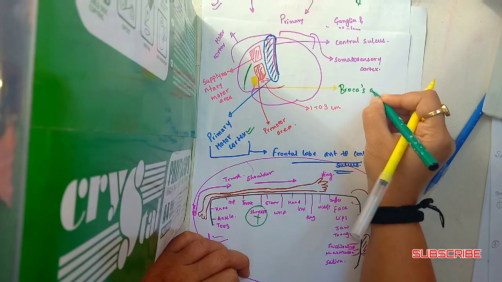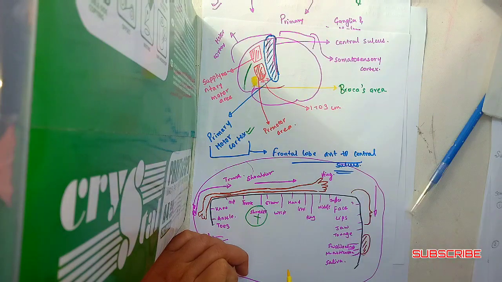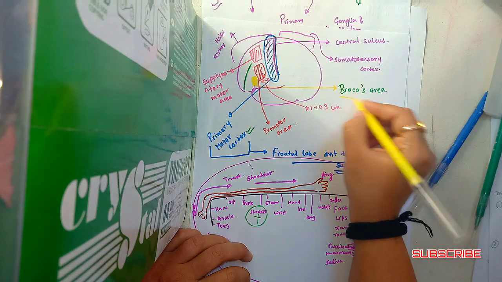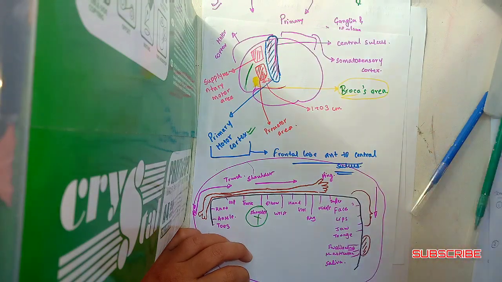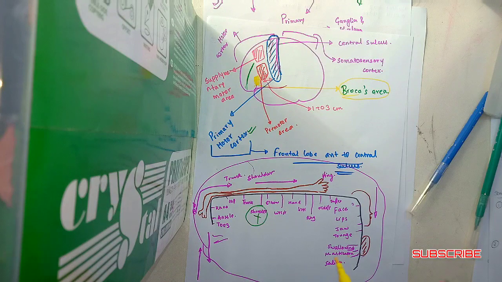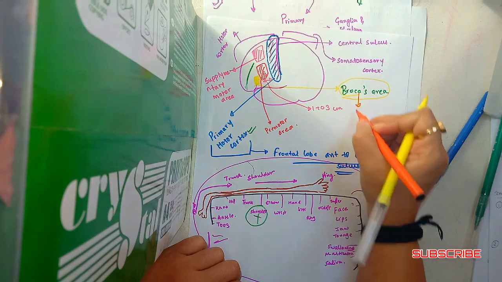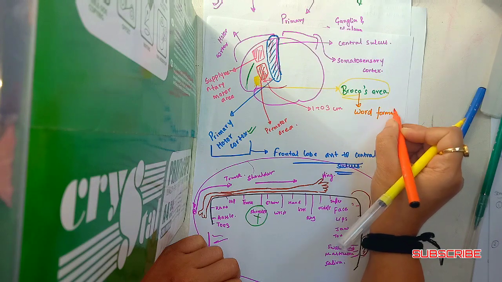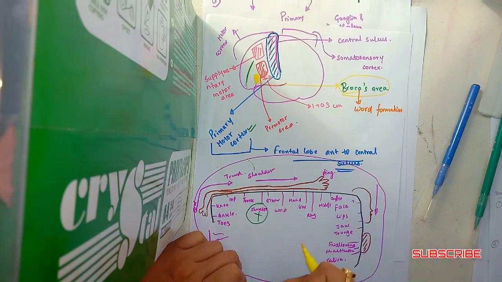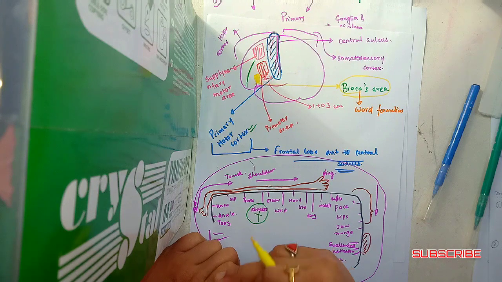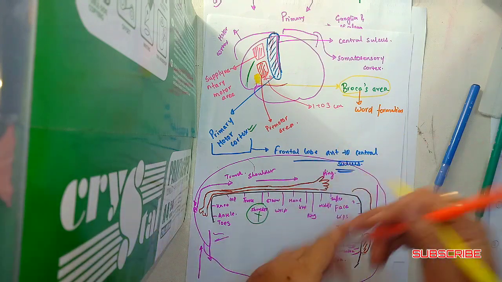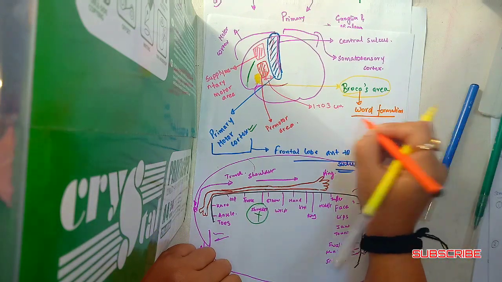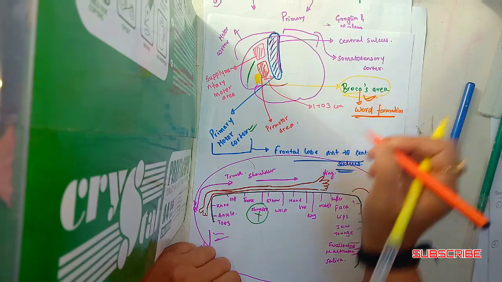This Broca's area means the word formation. Here we think about the words, like I am saying welcome to doctor's court. So the words doctor's court are formed in our Broca's area.